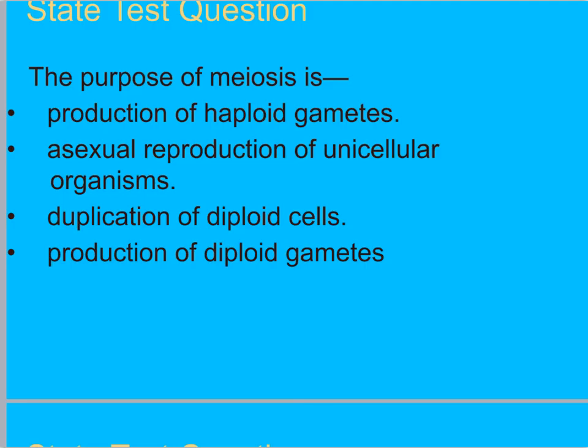The purpose of meiosis is: production of haploid gametes, asexual reproduction of unicellular organisms, duplication of diploid cells, or duplication of diploid gametes? Well, hopefully you know that meiosis makes haploid gametes.